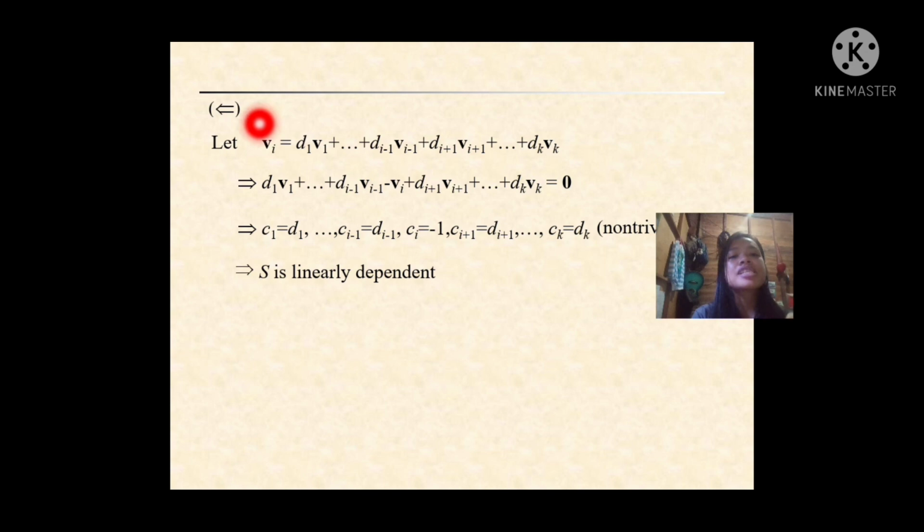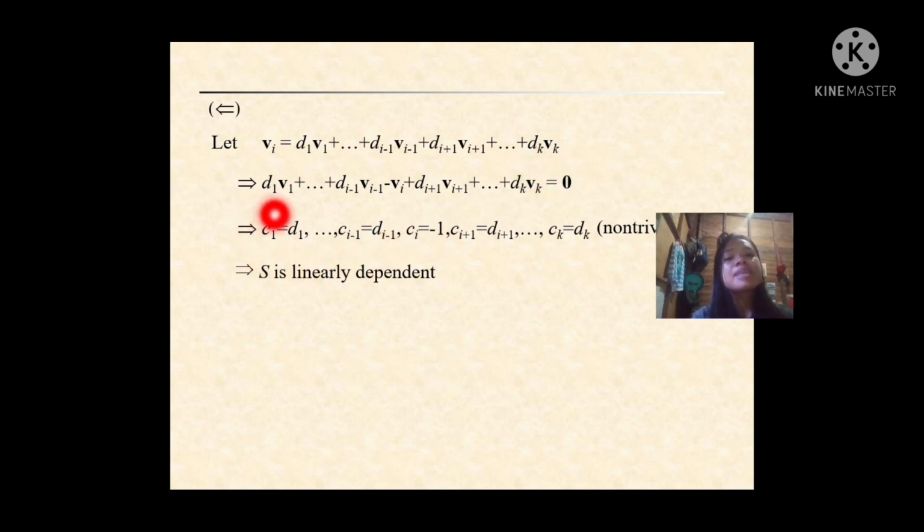Let v sub i equal to d sub 1 multiplied by v sub 1 plus ... plus d sub i minus 1 multiplied by v sub i minus 1 plus d sub i plus 1 multiplied by v sub i plus 1 plus ... plus d sub k multiplied by v sub k.